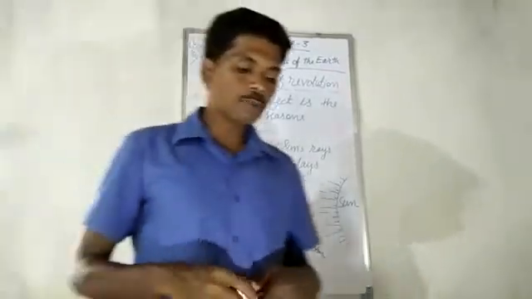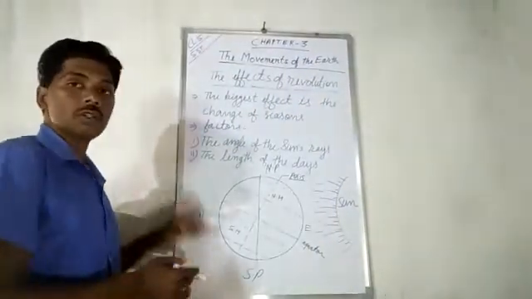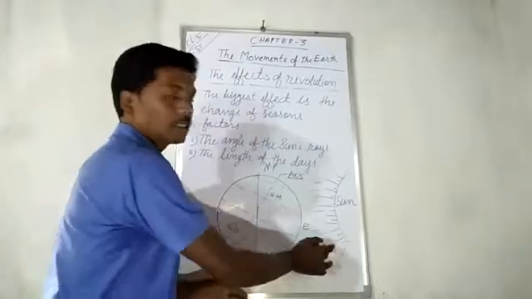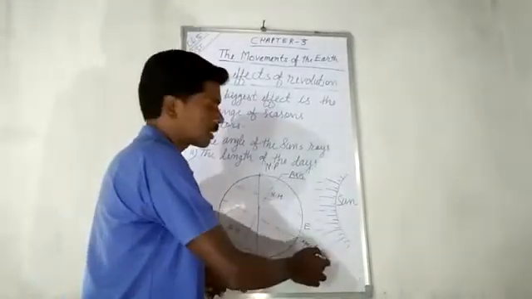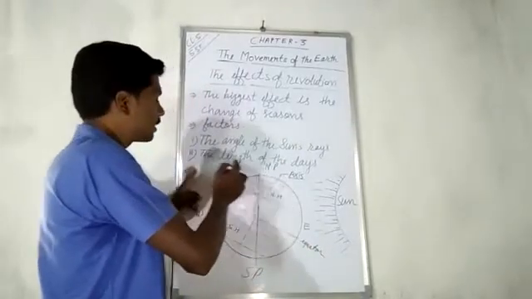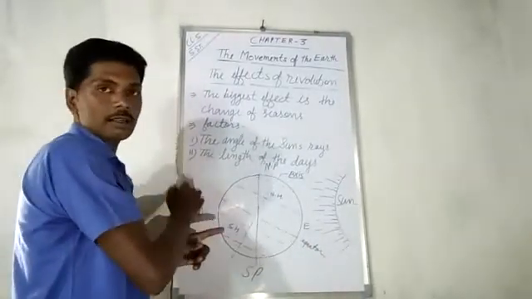And in the month of December, the South Pole is tilted towards the sun and the North Pole is tilted away from the sun.